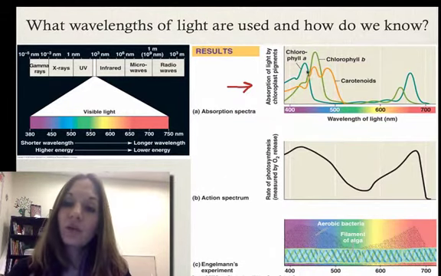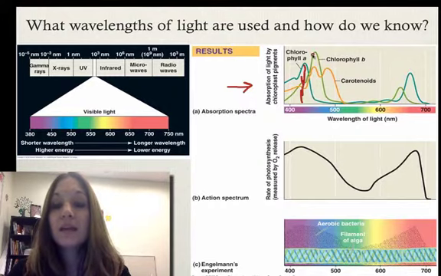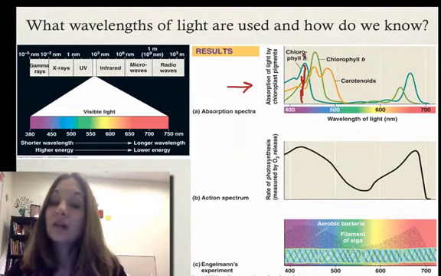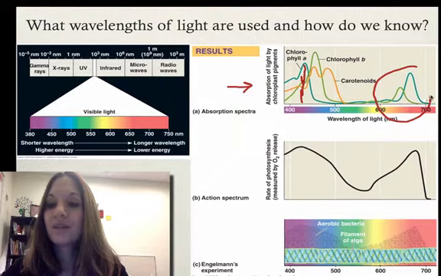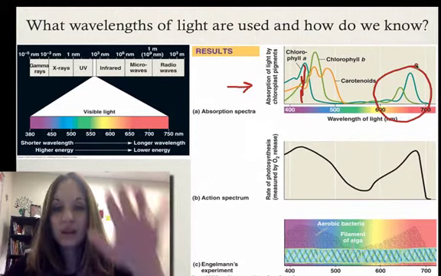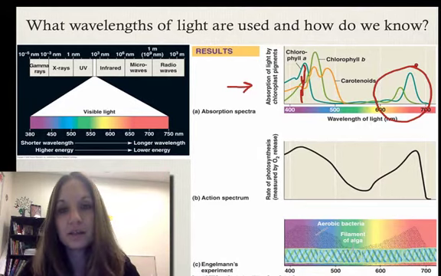We can see that chlorophyll A peaks right about 430. We can see that chlorophyll B absorbs a slightly longer wavelength of light. And we can also see that there's a whole other area up here that they absorb. So we have this bimodal distribution of different wavelengths that these pigments are able to absorb.